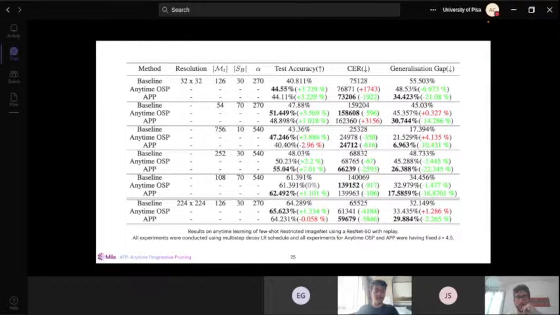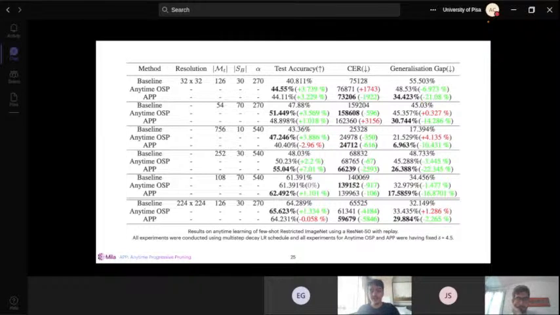And you can see that again, it is the same trend that we observed in our previous results on CIFAR 10 and 100. We improve the test accuracy in probably all the cases except one, where we had 10 megabatches. We decrease the CER. In that one case, where you're seeing mod SP 70, where the CER increased by 3,000, that was because at one megabatch, APP suddenly became unstable for reasons that we do not fully understand, which is why for that one single megabatch, the CER increased, because as I said, CER is just the summation across all megabatches.